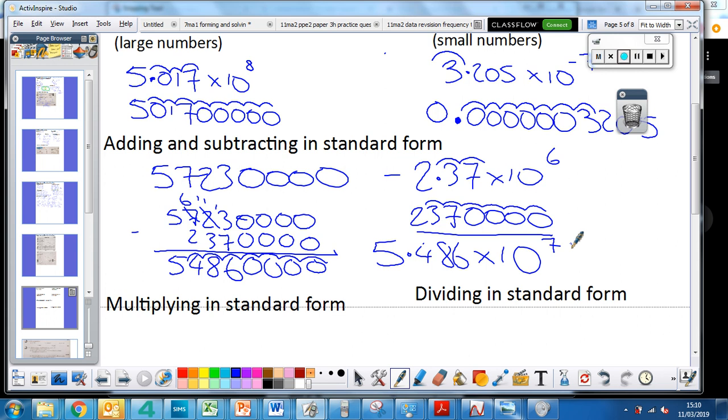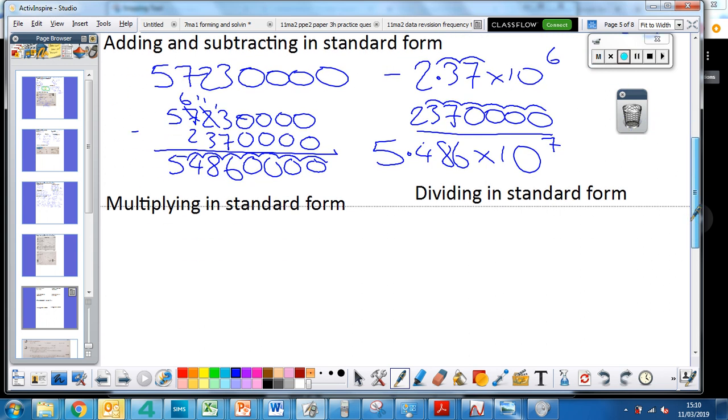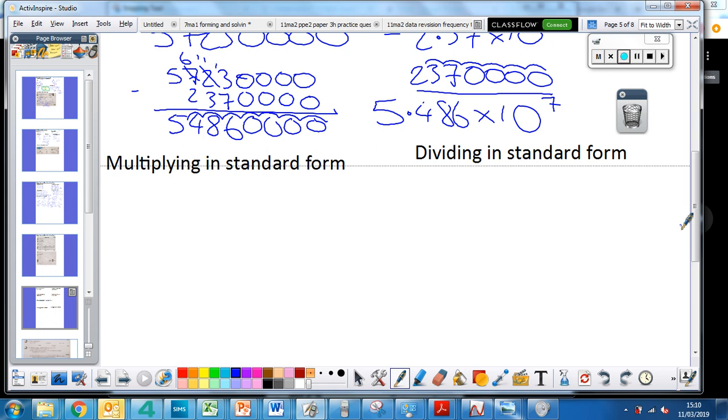So, multiplying in standard form and dividing in standard form. For multiplying in standard form, let's have a quick look at what this could look like. You might have something like 2.6 times 10 to the power 7 times 3 times 10 to the power 5. What you need to know for this is how to rewrite it.